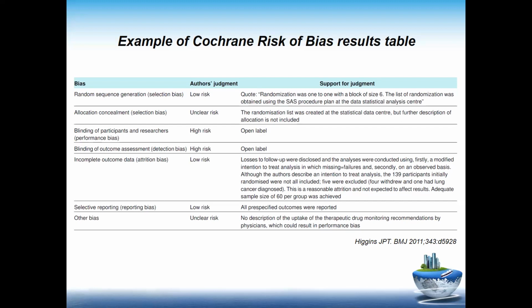And this knowledge may affect the behavior of patients. It may affect the behavior of the caring physicians. And it may also affect the reporting of outcomes. Let's say, for example, one of the outcomes in this RCT is a subjective outcome, for example, quality of life. It's a subjective thing, right?